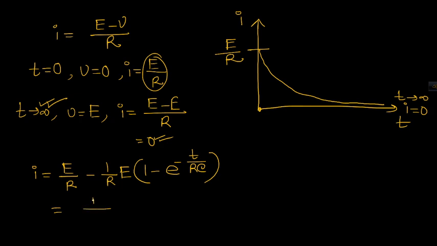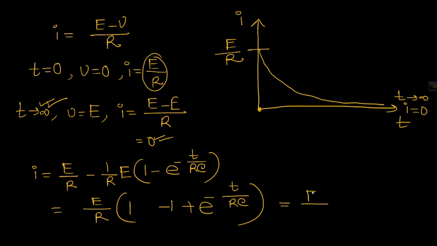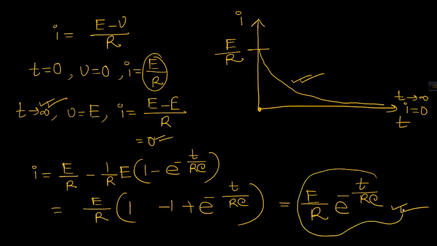Taking E by R common, we have I equal to E by R times e to the power minus t by RC, and you will see that this is the current's equation. If you analyze this equation, you will also obtain this graph, and the graph is actually an exponential decay. That means the current will decrease exponentially.